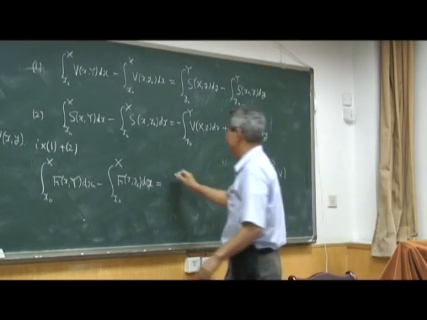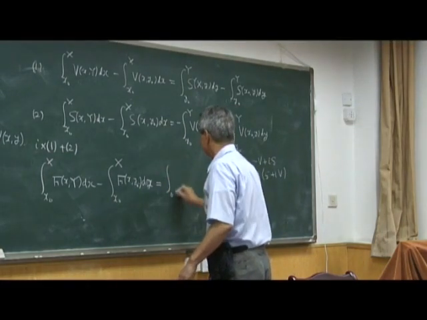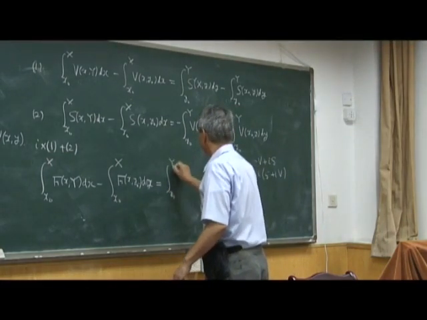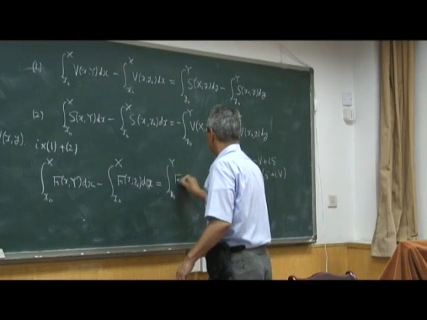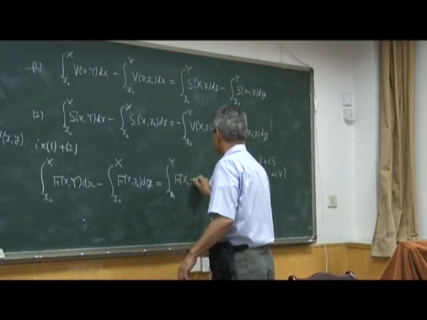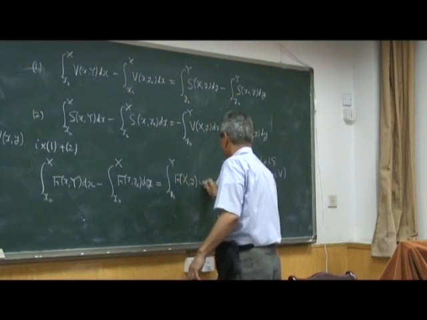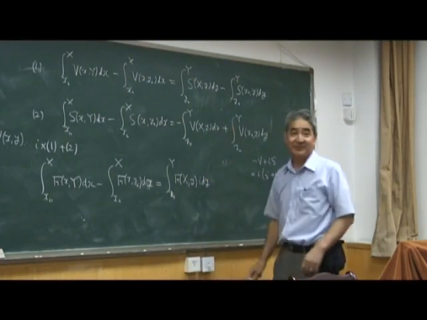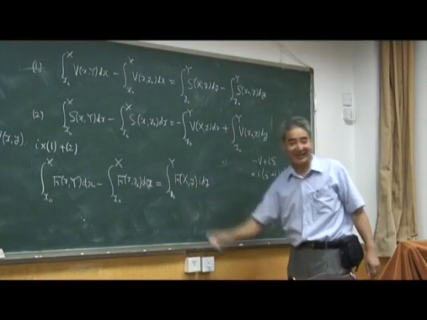Therefore, you can write the right hand side, the integral from y0 to y of f of x, y, and Cauchy wrote it in this way, i dy. Yeah, you can just write here i.